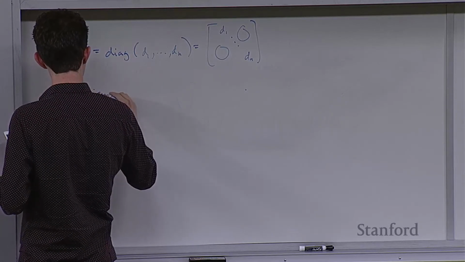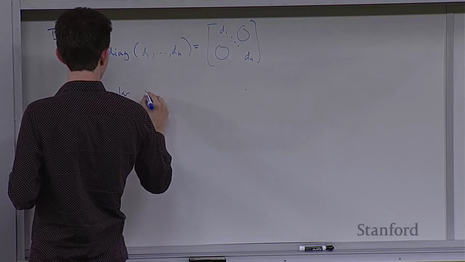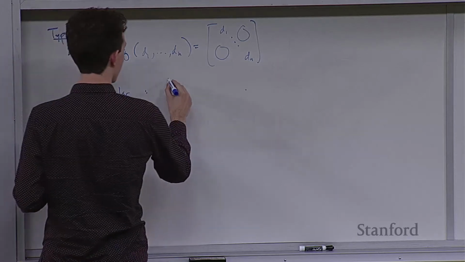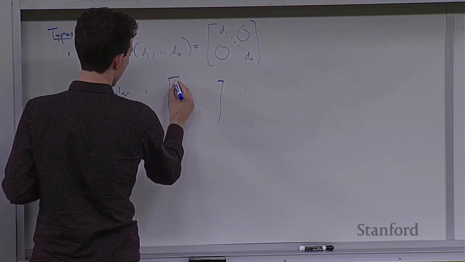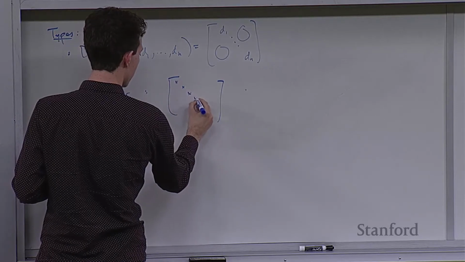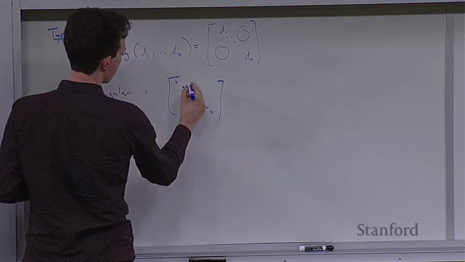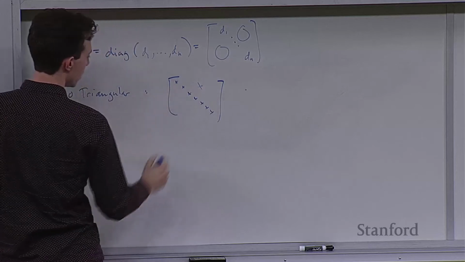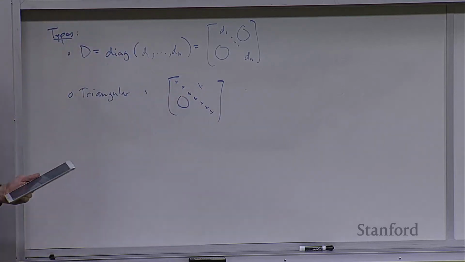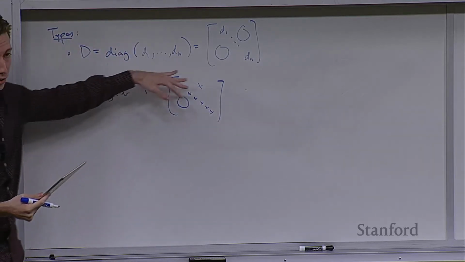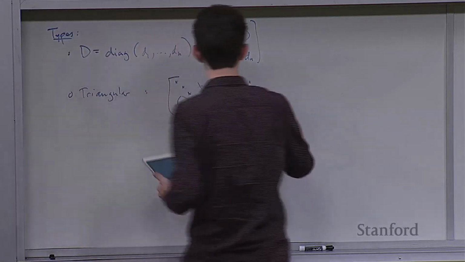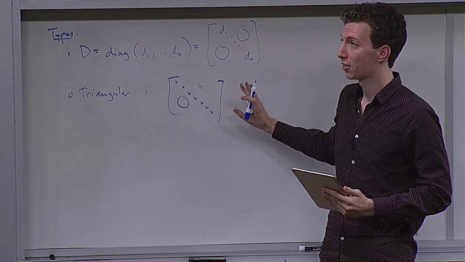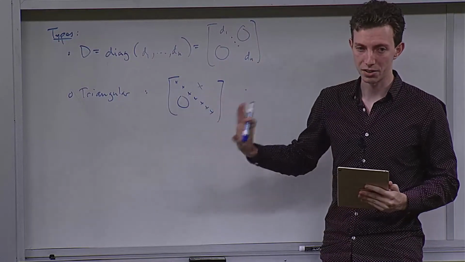A triangular matrix, not super unintuitive again. It's a matrix that has some non-zero entries on its diagonal and above, but then everything under the diagonal is 0. This is called upper triangular. Sorry, not everything above the diagonal is non-zero, but things under the diagonal are 0.